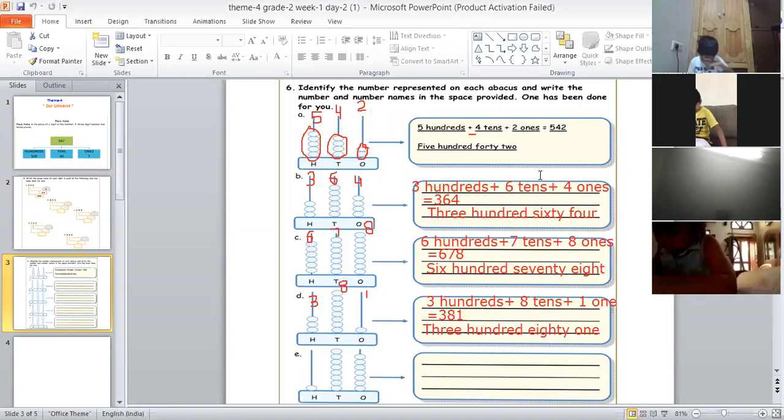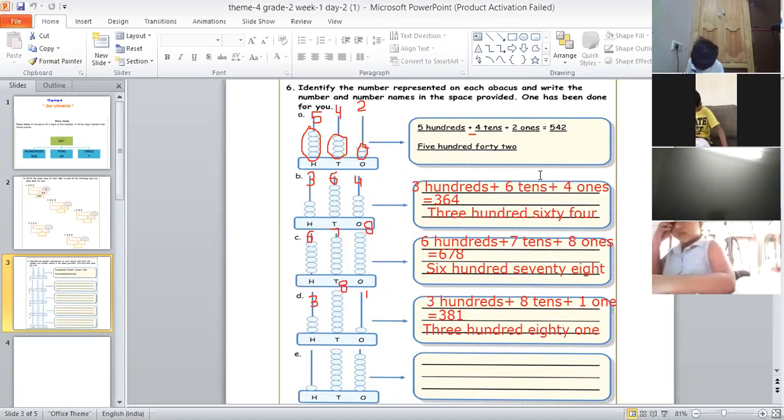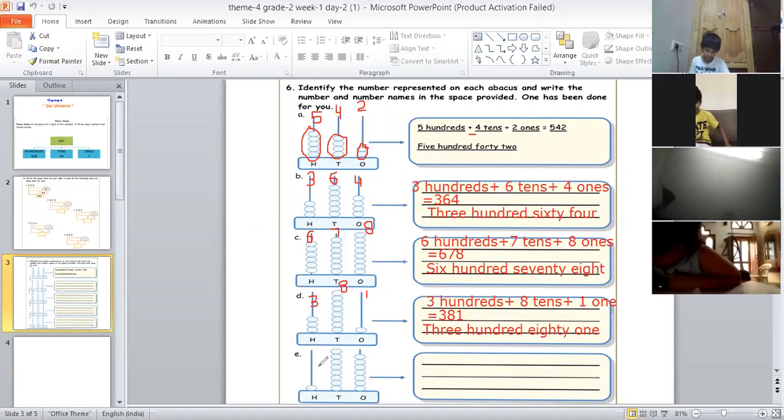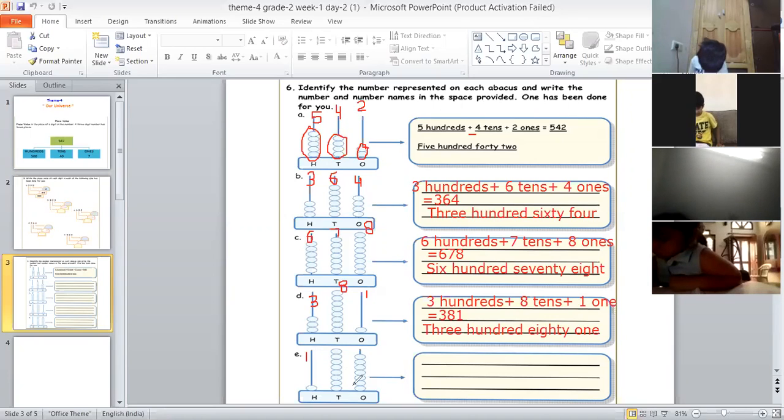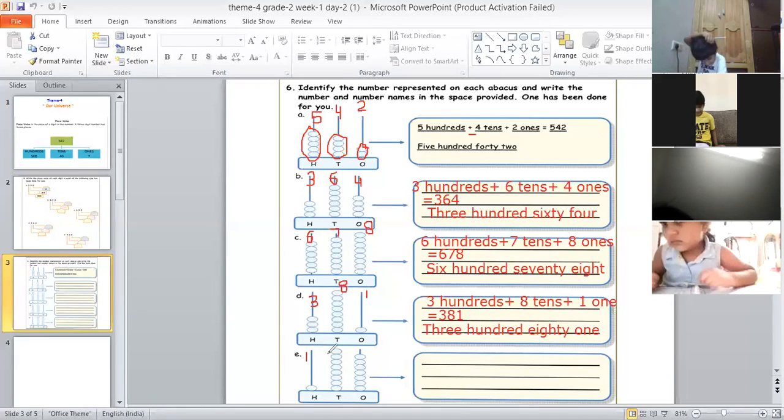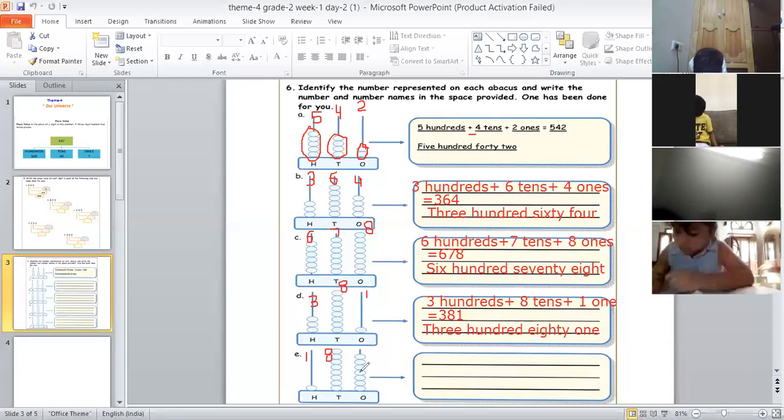That is the last bit. See, Shreyan, you count how many beads are there in hundreds place. Only one bead is there in hundreds place, so we'll write here 1. How many are there in tens place? In tens place, we have 8 beads, so we'll write here 8. And in ones place? 7. Very good. So 7 are there in ones place.